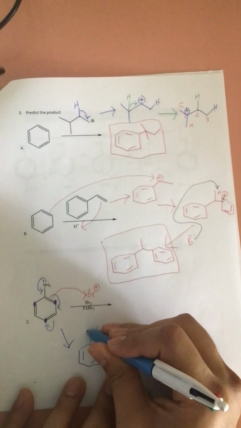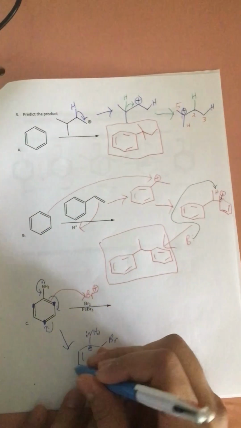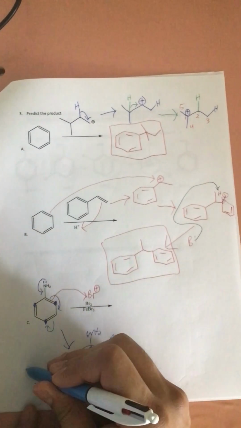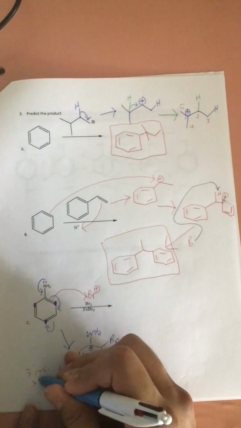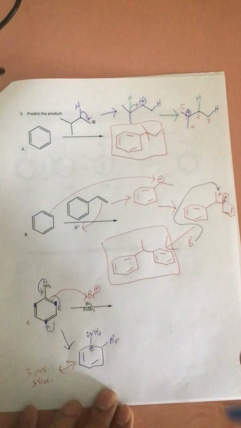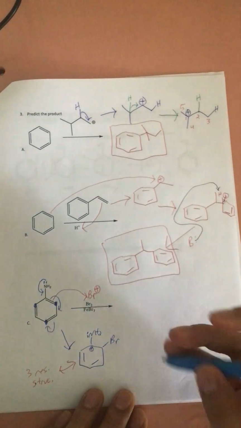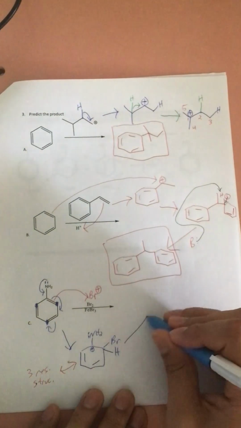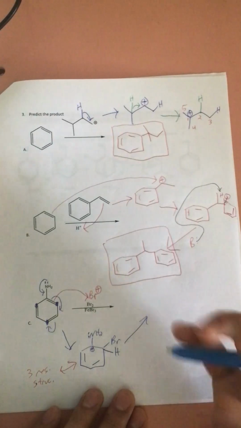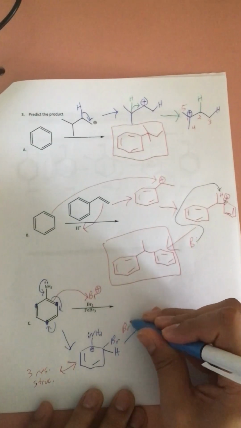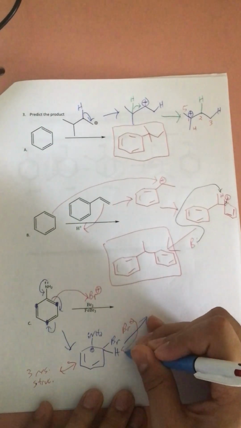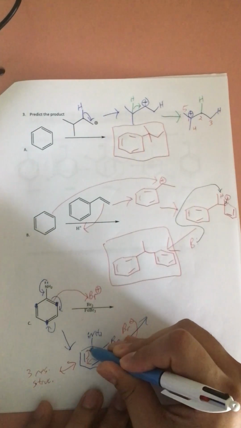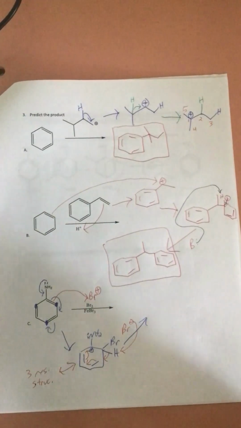You get an extra resonance structure from the lone pair, so I've been doing those in red. Three resonance structures. I'll show the arrows for how you make 2 of them.